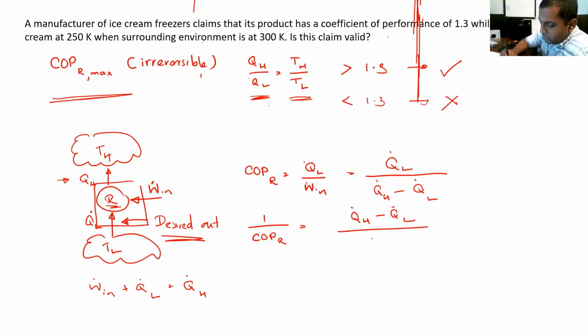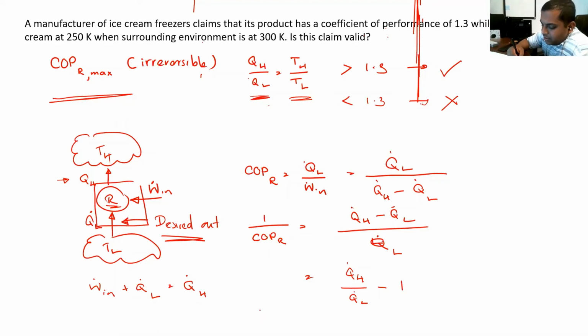You don't have to show all of these steps when it comes to doing these problems, if you can do the simplification properly. Now we have this, and we can convert this into Q dot H over QL minus 1.